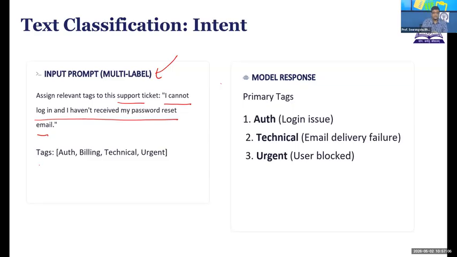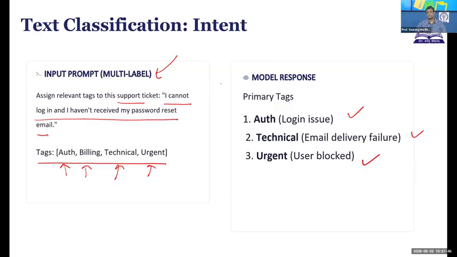In the prompt you also provide the possible tags: is it related to authentication, billing, technical, is it urgent? The user is blocked. The LLM may see this text and add three tags. It's an authentication related issue. It is also a technical issue because there is an email delivery failure, and it is urgent. It is not a billing issue.